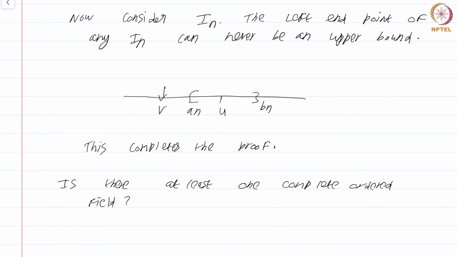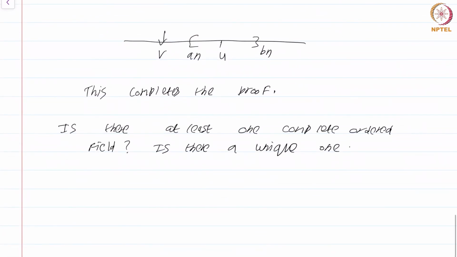Second, is there a unique one? The answer to both questions is the following theorem, which I will not prove. Let me, after stating the theorem, illustrate why I won't prove it.